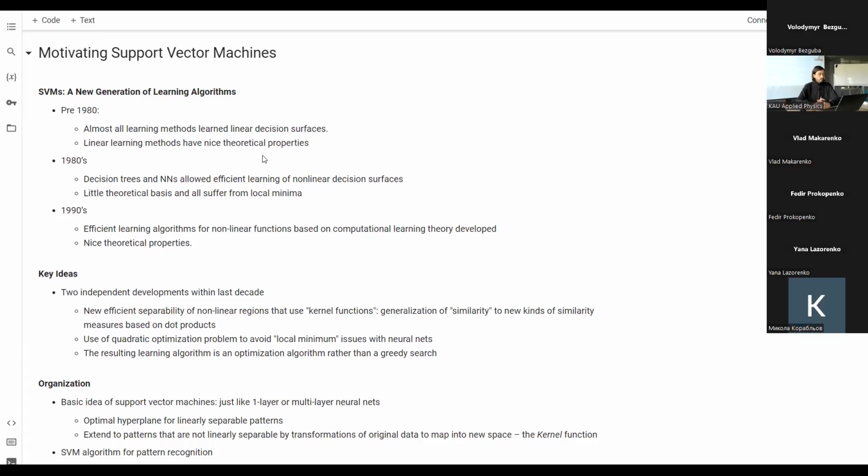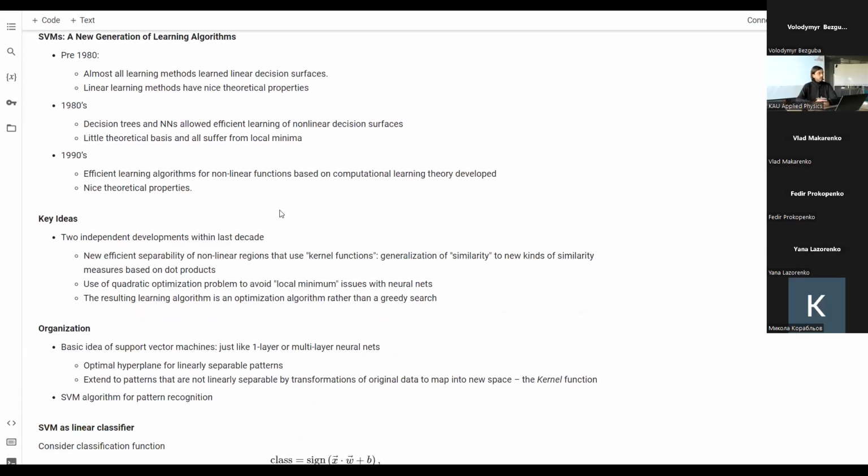In the 1980s, decision trees emerge, and we see some sort of neural networks, and everything is starting developing. And interesting that in the 1990s, even later than neural networks, efficient learning algorithms for some sort of nonlinear functions are emerging, and support vector machine is one of such ideas and one of such methods.